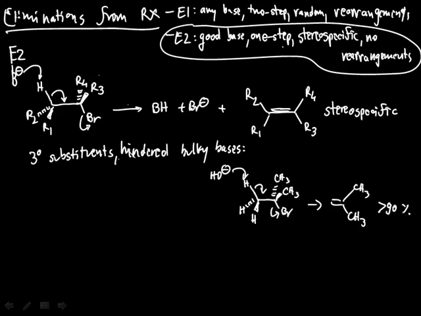And this is simply explained because t-butyl bromide is bad for SN2 reactions, but it's still very good for E2 reactions. That would be the use of the tertiary substituents.